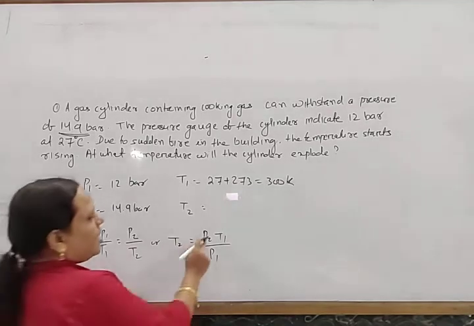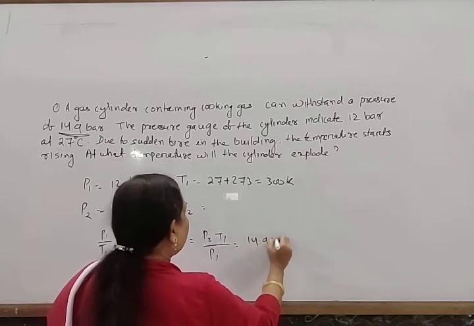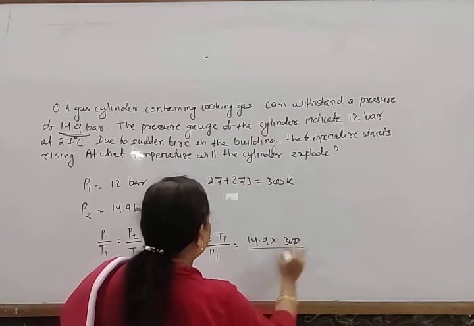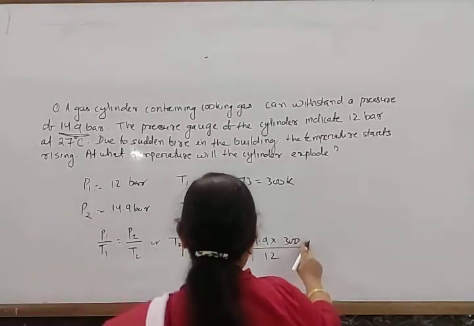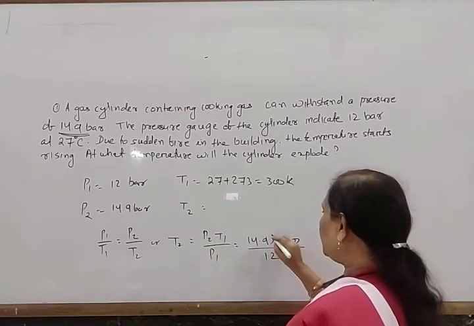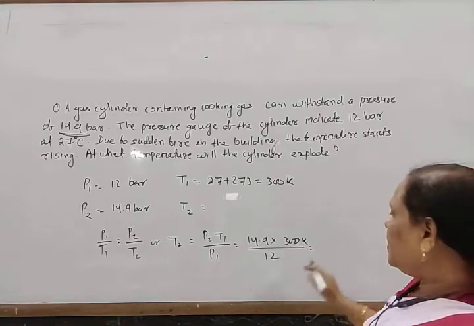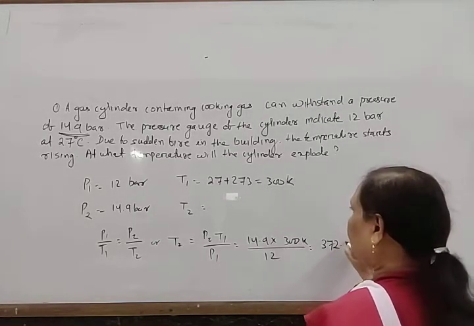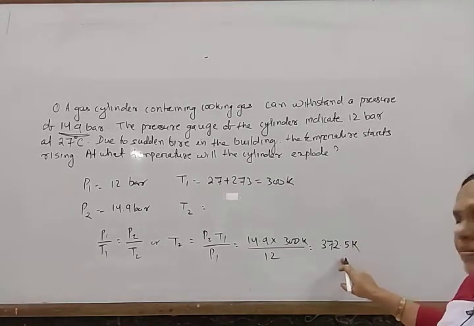So P2 is equal to 14.9, T1 is equal to 300, divided by 12. Here bar is given, Kelvin is given, and this is also bar, so bar cancels, and in this way you calculate that value: 372.5 Kelvin.